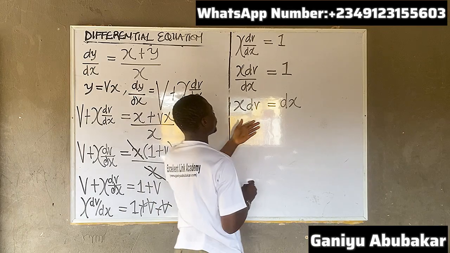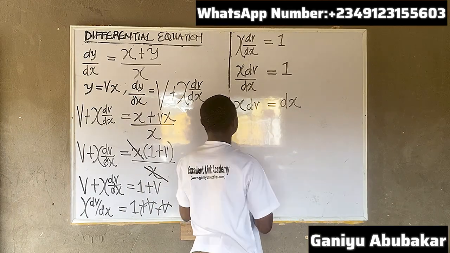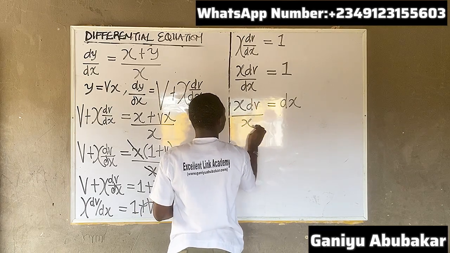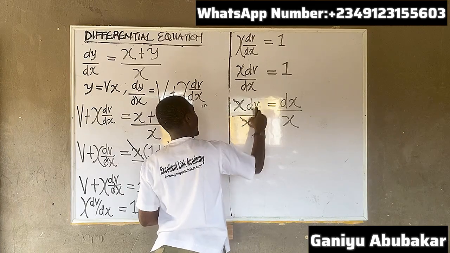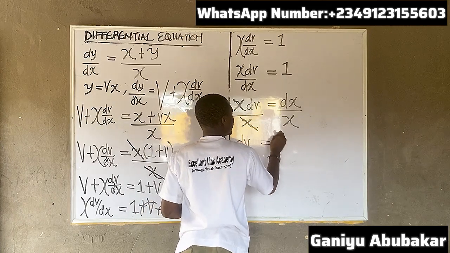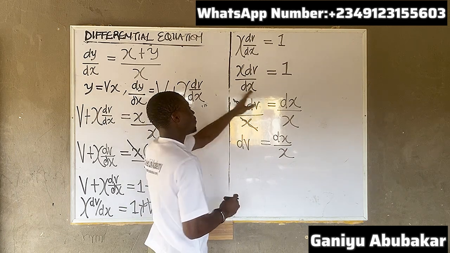I want to bring the x and the v terms together, so this x should come here. I'll divide by x here. This will cancel this. I have dv left equal to dx over x. I have applied variable separation here.